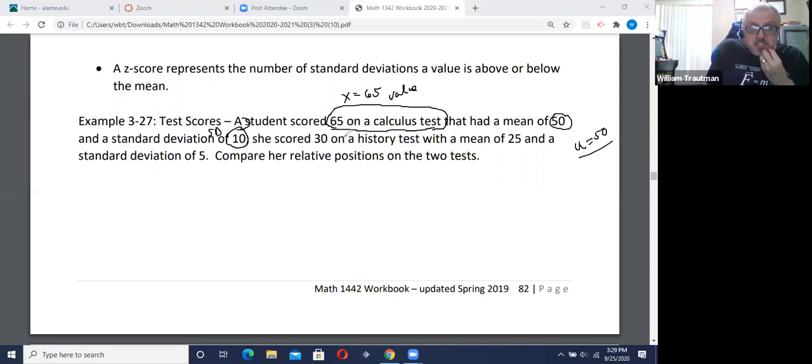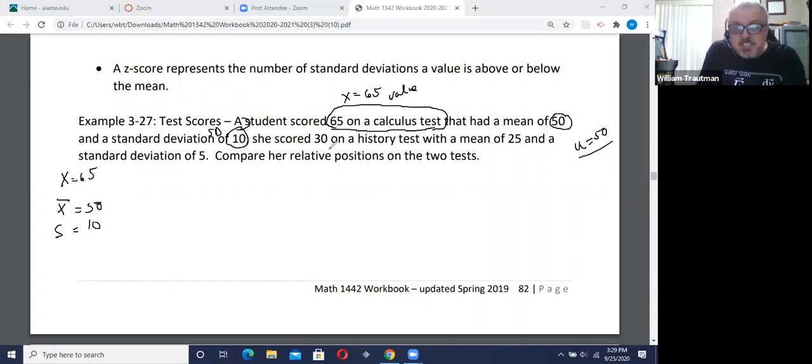Okay, and then they give us some more, but let's write all this down over here. We have a score of 65. We have a sample mean, x bar, of 50, and we have a sample standard deviation of 10.